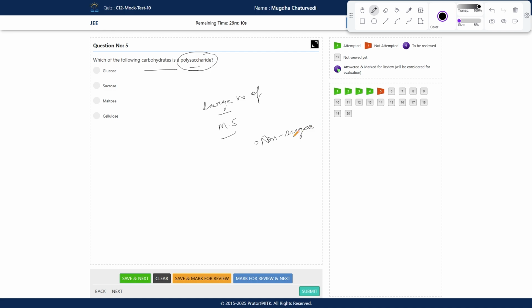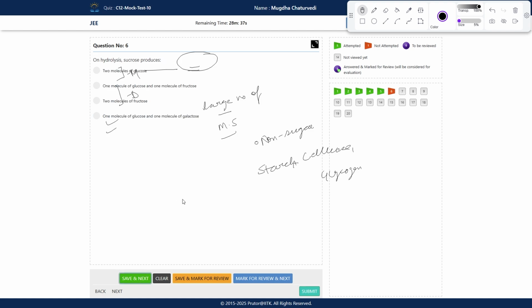Examples of polysaccharides are starch, cellulose, or even glycogen. So if you look over here, cellulose is the right answer in this option. Glucose is a monosaccharide, and sucrose and maltose are disaccharides. So the correct option is cellulose, which is D. Now let's move on to the next question.